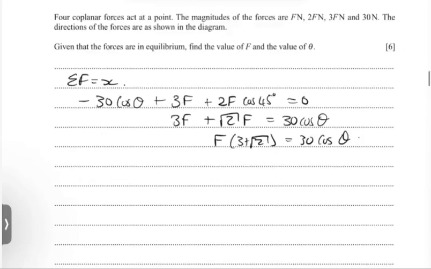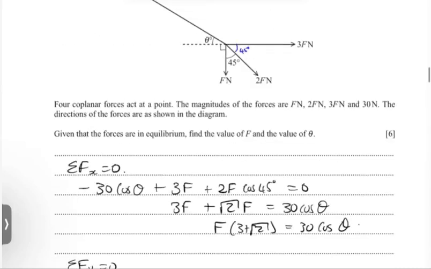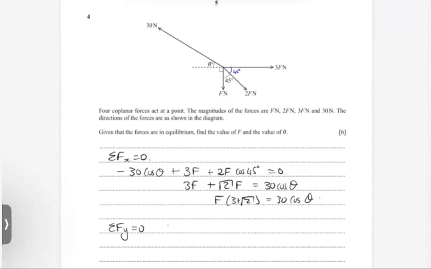Okay, sum of the forces in the y direction should be equal to 0. Sorry, this up here I wrote a bit strangely. Okay, sum of my forces in my y direction should be 0. So we've got 30 sine theta minus F minus 2F times cos of 45.